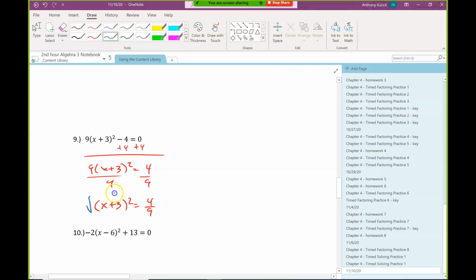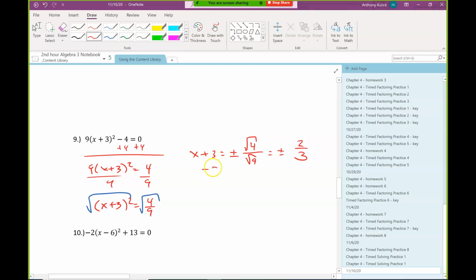And then to get rid of the squared, we'll square root both sides. Now when we do that, we have to remember a couple of things. So when we square root both sides, we know that it creates a plus or minus. And when we square root a fraction, we can think about the square root of the numerator and the square root of the denominator. And that's helpful because the square root of 4 is just 2, and the square root of 9 is just 3.